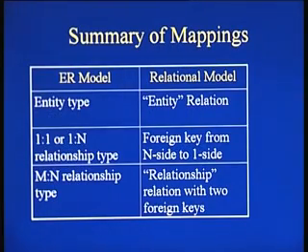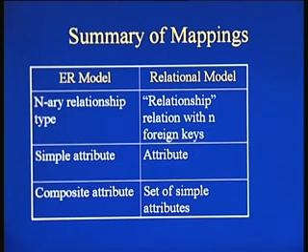If an m:n relationship type is given, as shown in the slide here, then we create a relation with the name of the relationship type, shown within quotes as relationship relation, with two foreign keys, that is one for each entity type that participates in this relation.